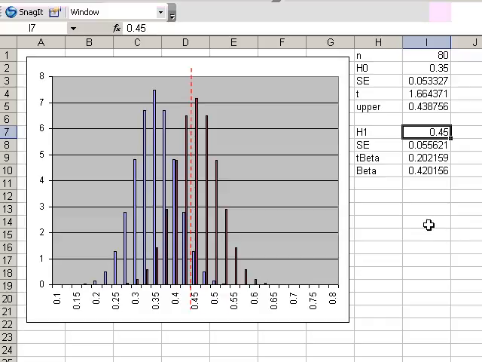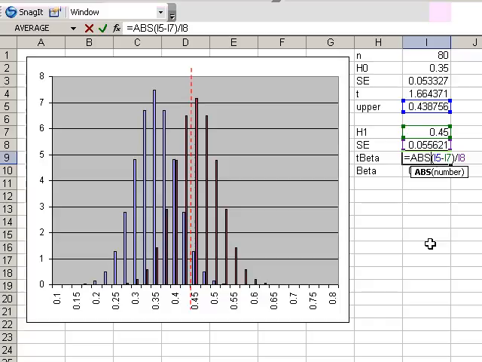Well, the first step is to take the upper limit for the mean of 0.35, subtract the mean of 0.45, which is H1, and take the absolute value of that difference and divide that by the standard error of the proportion or mean of 0.45.